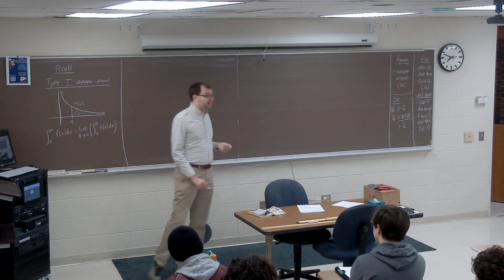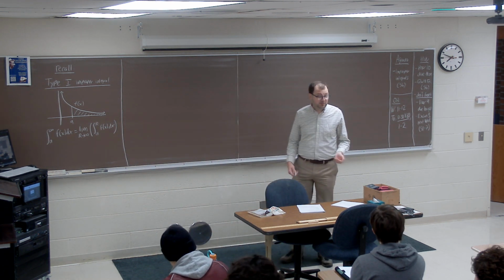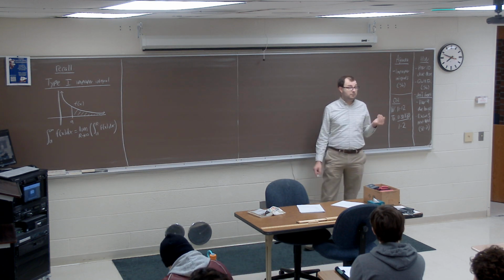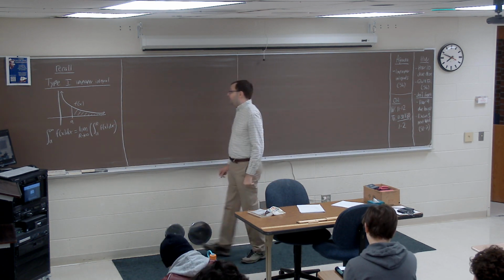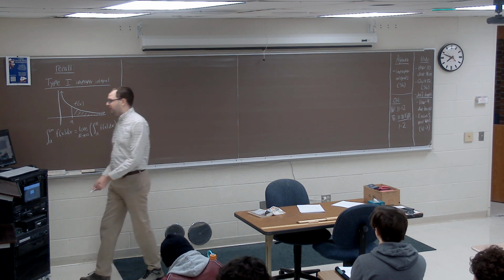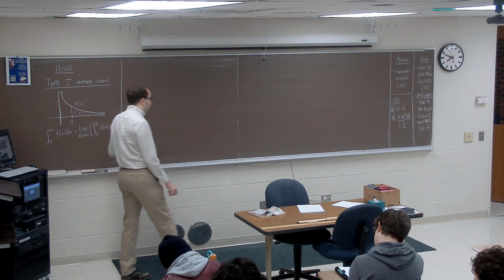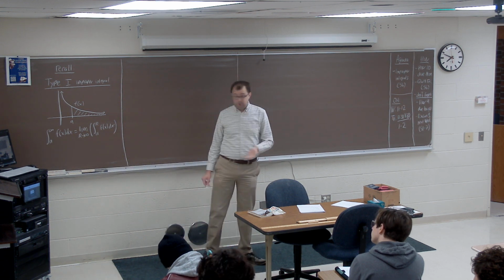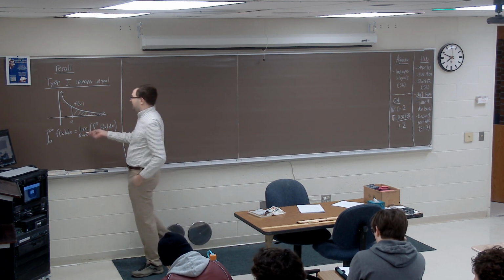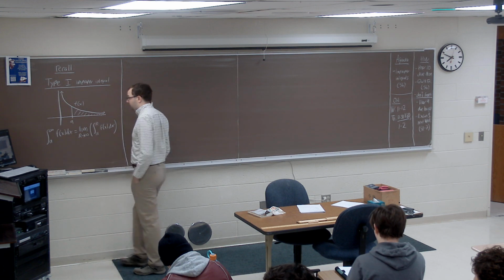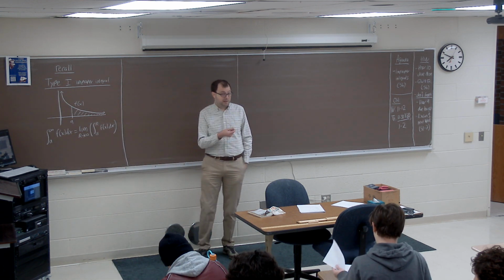Okay, so last couple classes we've been focusing on Type 1 improper integrals, which are integrals where you basically have no upper or no lower bound on the area you're integrating over. So integrating from, say, some constant to infinity, or from negative infinity to some constant.